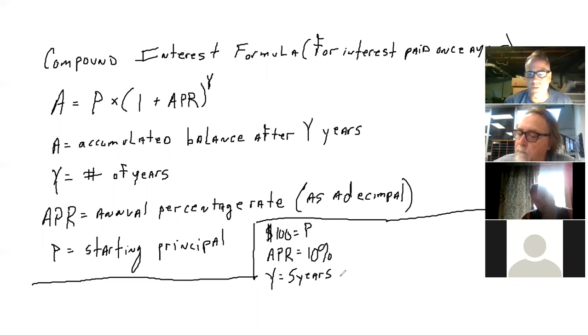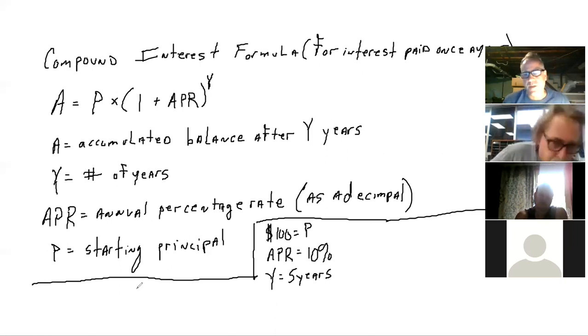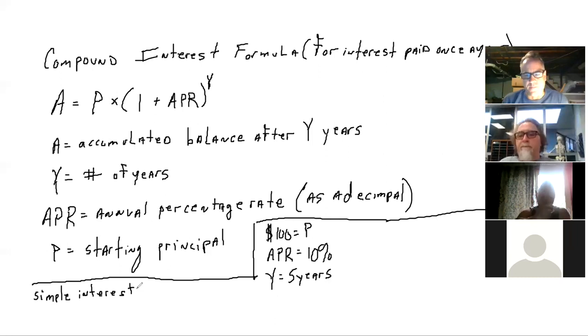And this is going to pay simple interest. Remember, if I go with simple interest, then that means every year I get a flat return that is simply whatever my original investment was times the APR in decimal form.